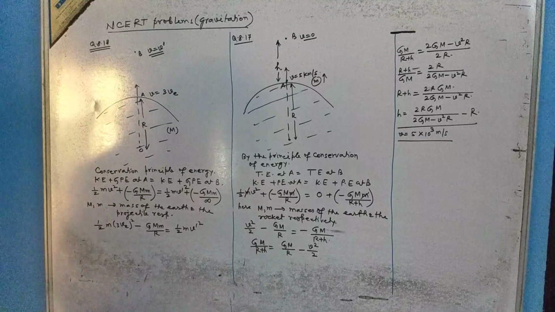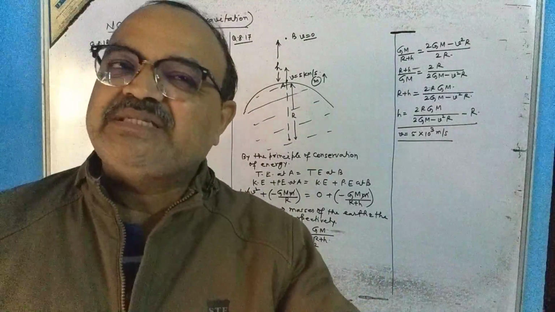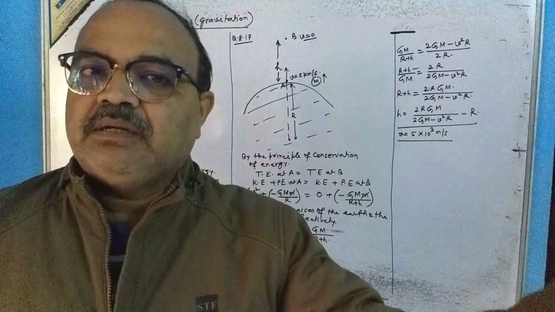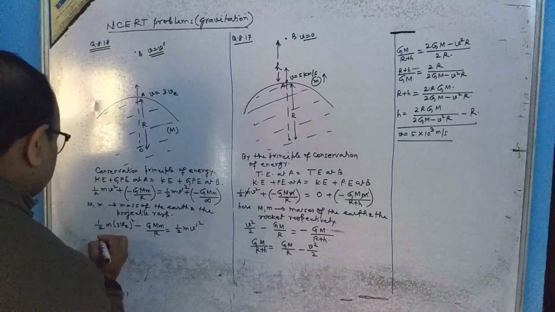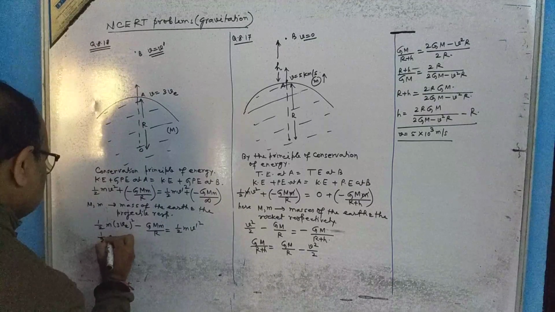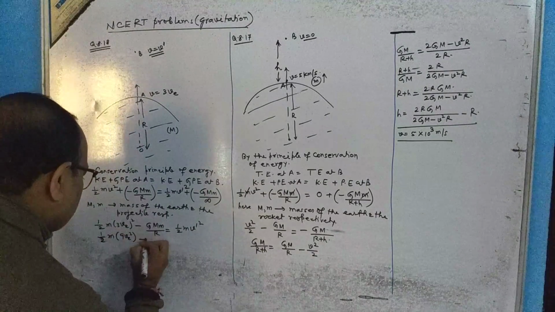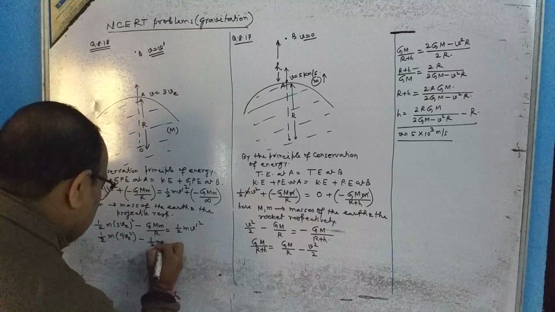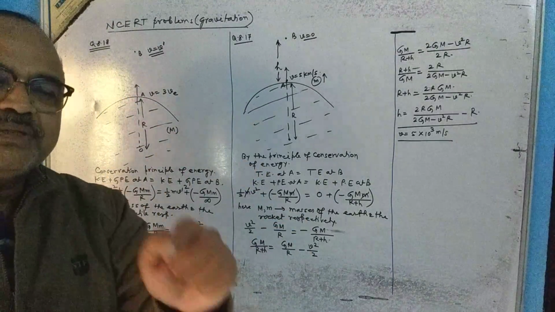If you remember my derivation when I derived escape velocity, in that derivation you get half m (9v) square minus, this is half m v square.